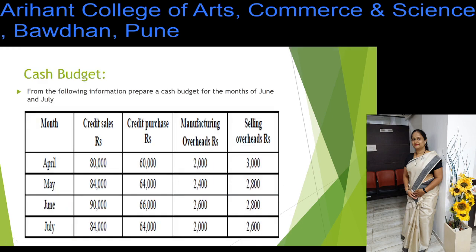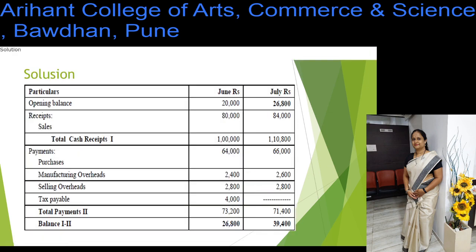Then manufacturing overhead and selling overhead. Apply the same logic, because all overheads are paid with a 1 month lag. So for manufacturing overheads, the amount for June will be 2,400 and July 2,600, and selling overheads 2,800 and 2,800.